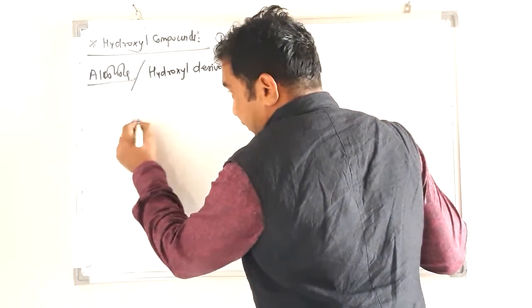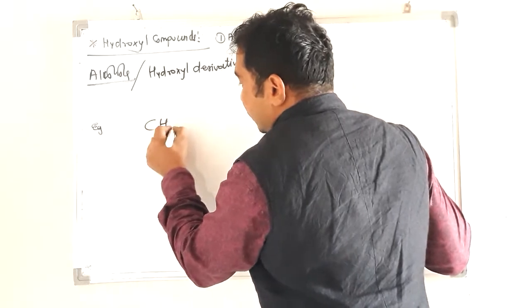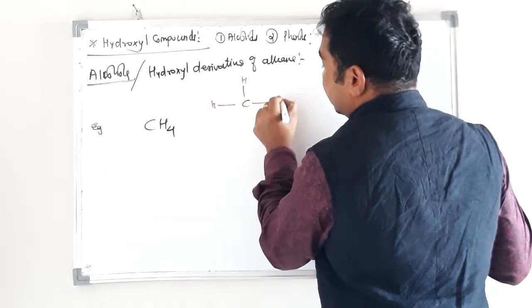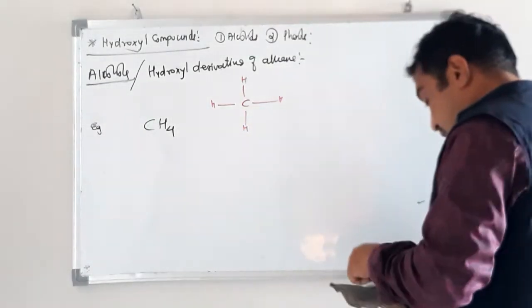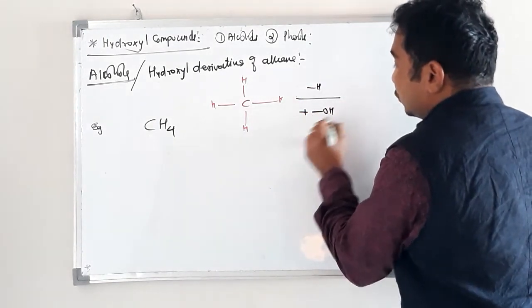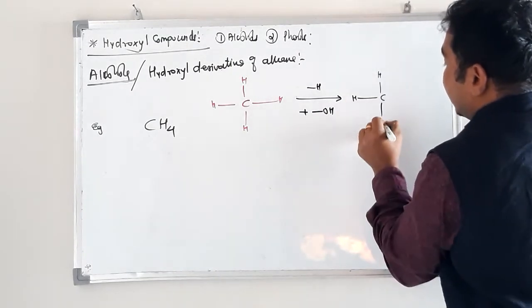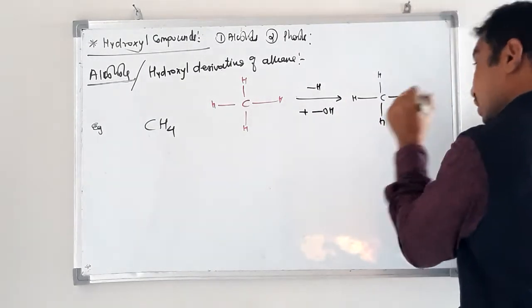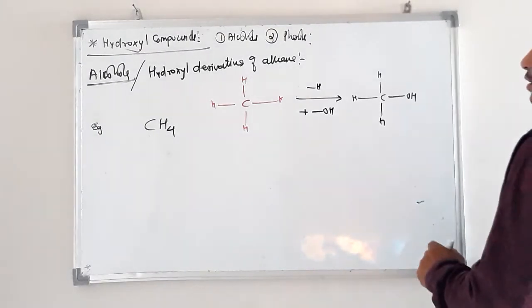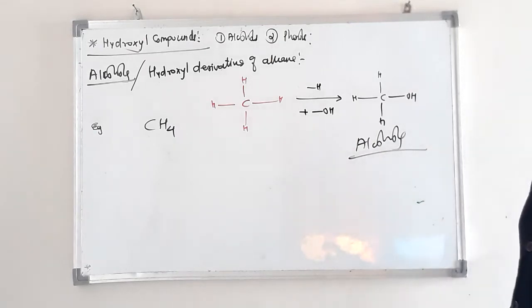Consider an alkane, for example methane, and we know the structure of methane has 4 hydrogen atoms. If we replace one hydrogen by an OH group, that is the hydroxyl group, then what are we getting? CH3OH. This new compound obtained is known as an alcohol.